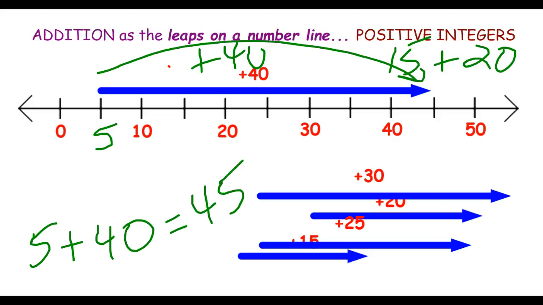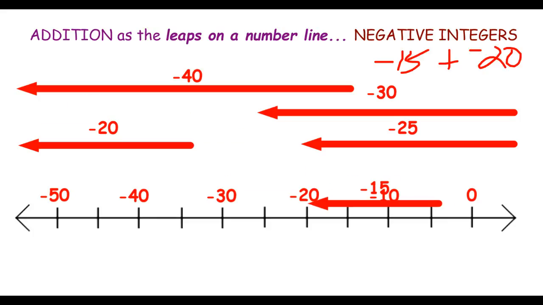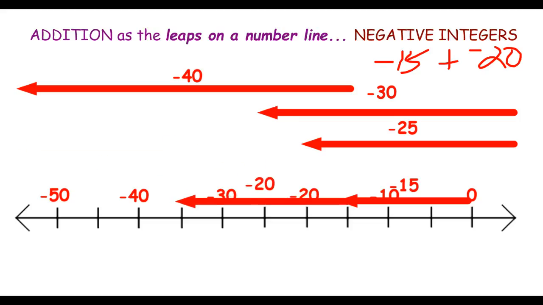Now, if we think of negatives the same way, and negatives are numbers that are directed in the more negative direction, which seems pretty self-evident, but it's important to say, then we can look at it the same way. If we start, for example, with negative 15 plus negative 20, then we leap 15 from 0 backwards on the number line, and we leap 20 again backwards on the number line.